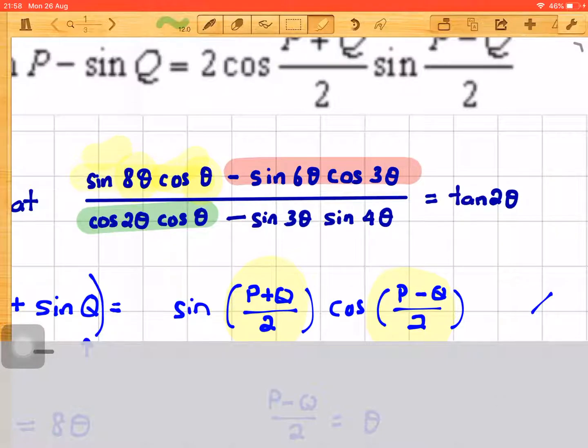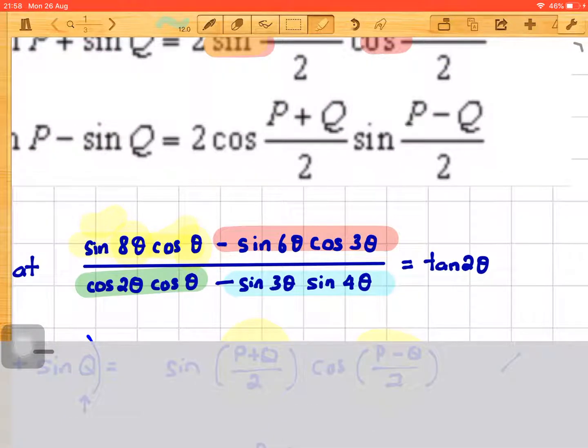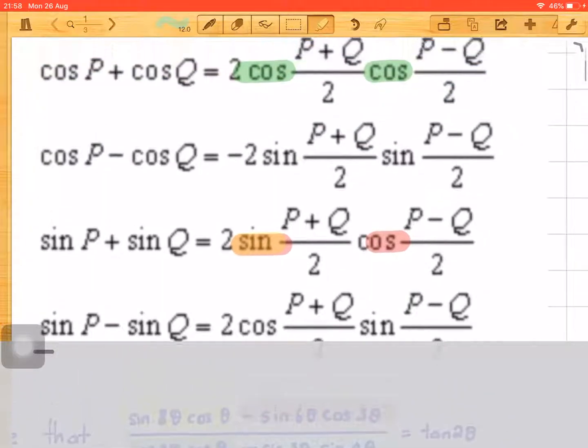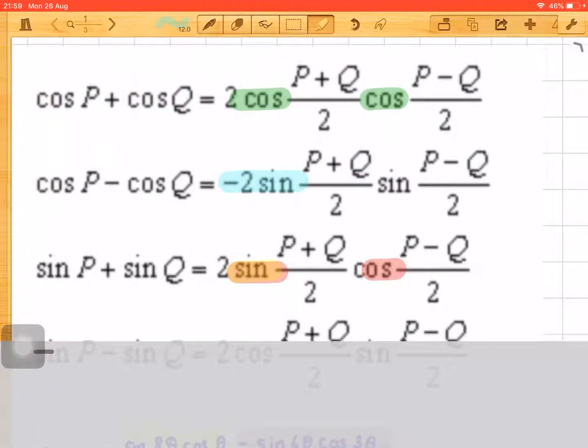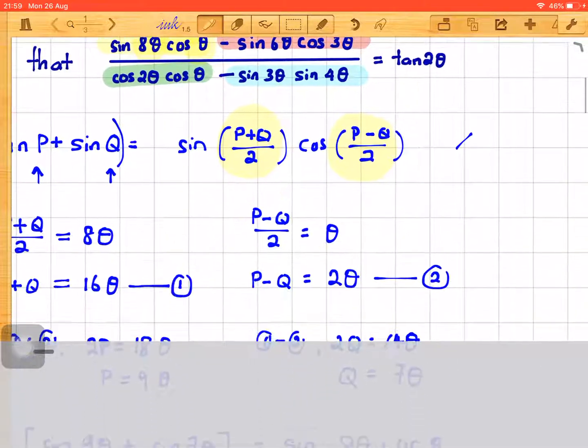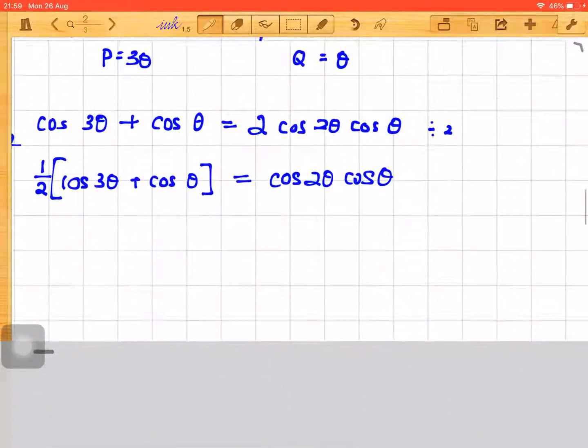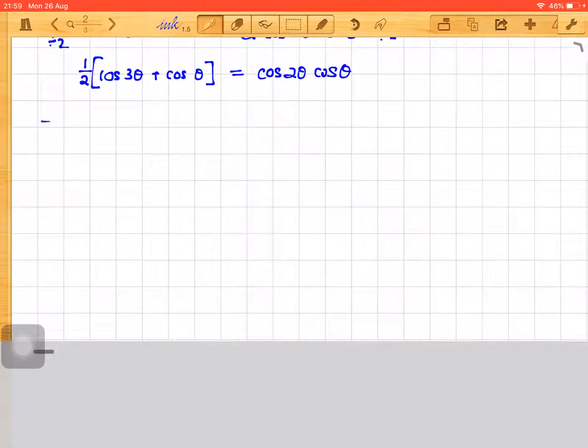The last one will be this one, sine, sine. So the product of sine, sine, you can trace it back, it will be here. Please take note that this has a negative. So let me write down here for you.